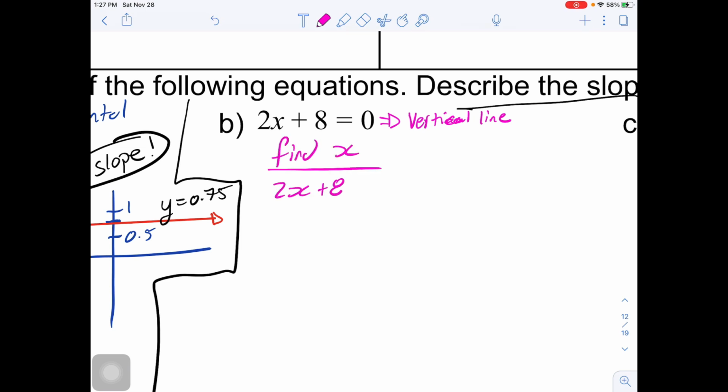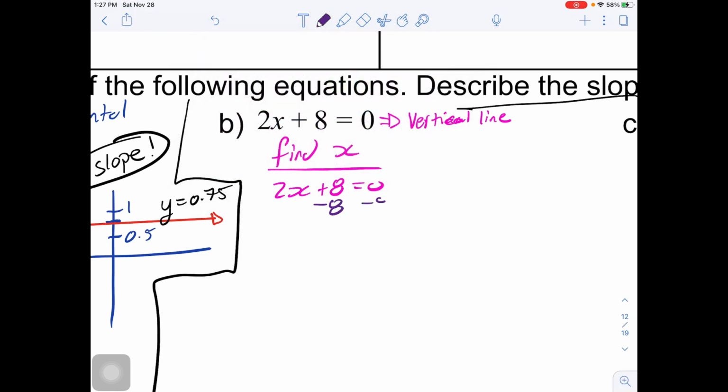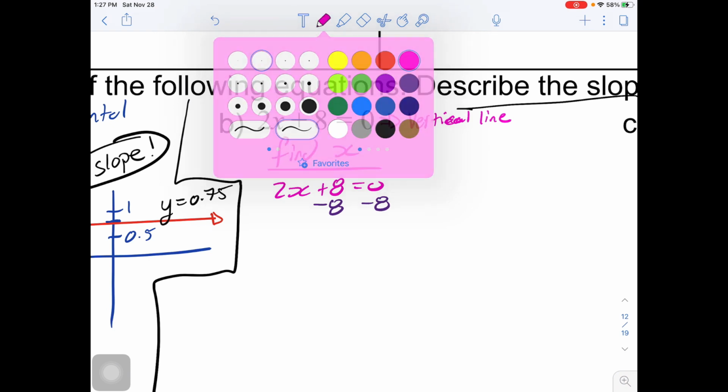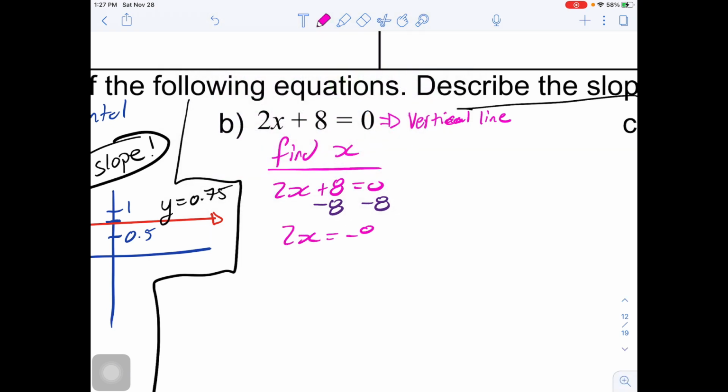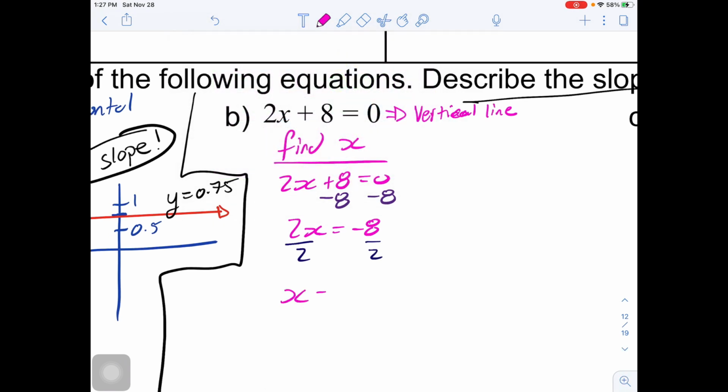So 2x plus 8 equals 0. Subtract 8. 2x equals negative 8. And then divide by 2. So x equals negative 8 over 2, which is simply negative 4. So we get an equation of x equals negative 4.